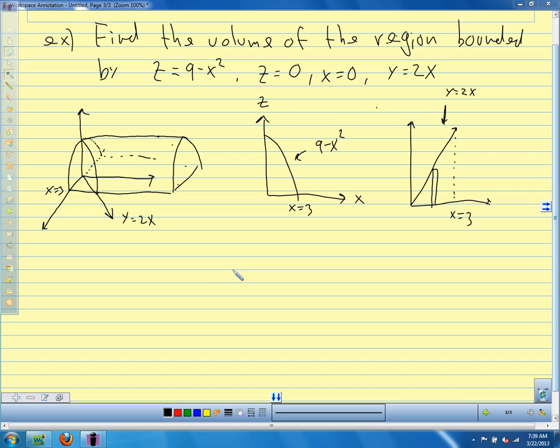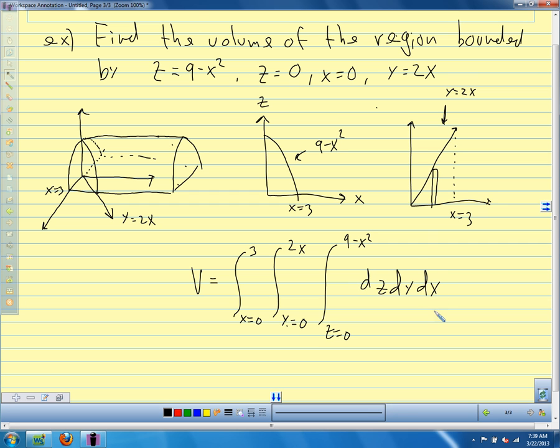So the volume of this surface is going to be given by the integral x equals 0 to 3, the integral y equals 0 to 2x, and the integral z equals 0 to 9 minus x squared, dz, dy, dx.